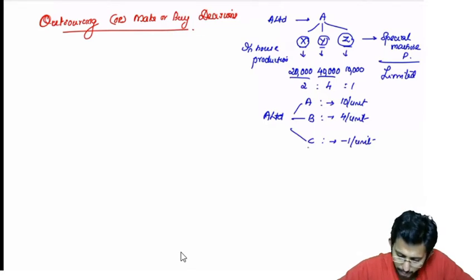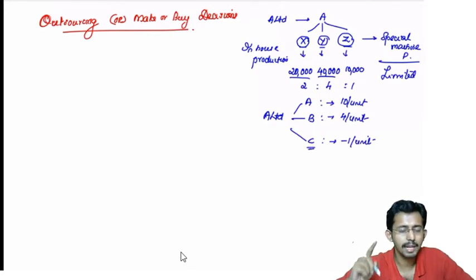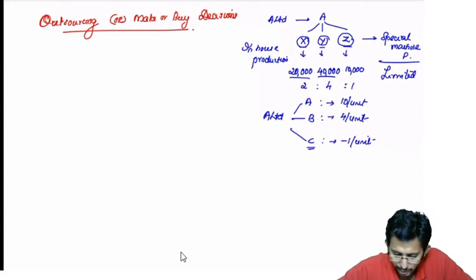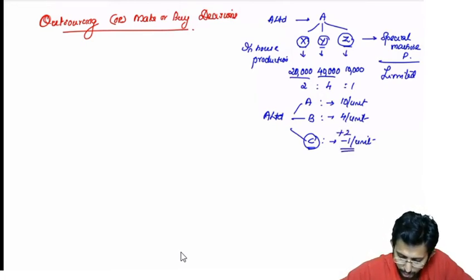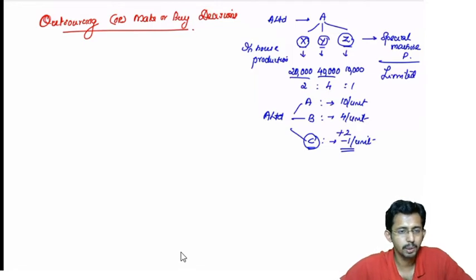C is producing -1 contribution. Now, on analysis, the company came to a conclusion that if the manufacturing of C is outsourced, then C would be available at a lower cost than the manufacturing cost, due to which this negative contribution can be increased to a positive contribution of 2. Another scenario. Is it clear?